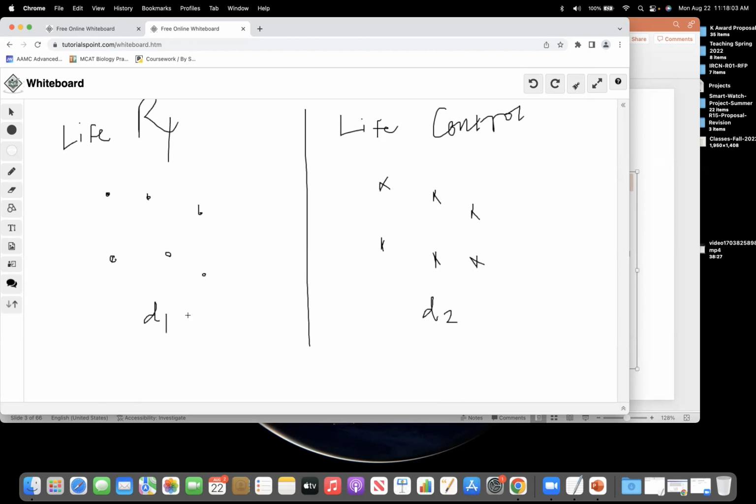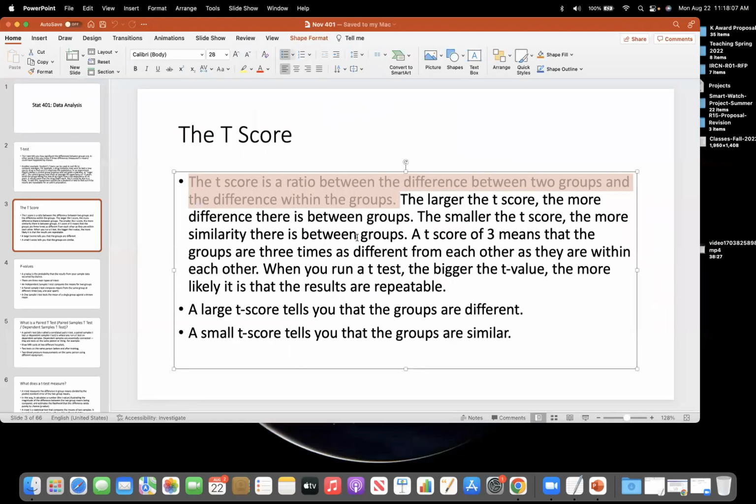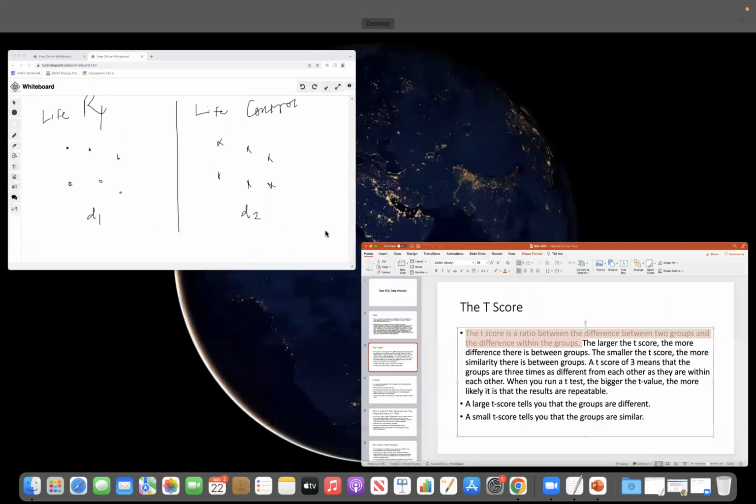So now a t-score, according to our definition, is the difference between two groups and the difference within the groups, right?